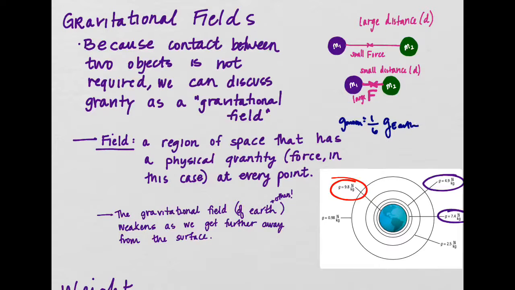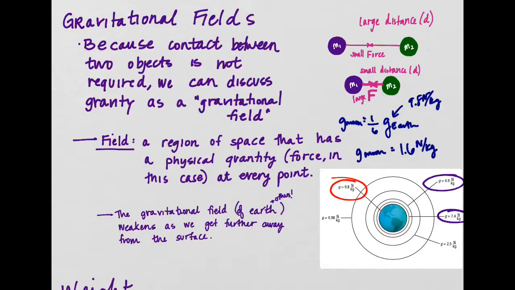So that means that g on the moon, g on the Earth, remember, is 9.8 at the surface of the Earth. But 1/6 of 9.8 is 1.6 newtons per kilogram.